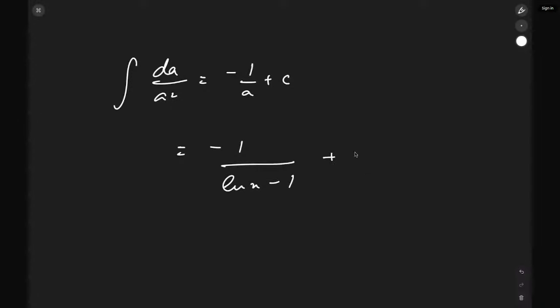So it will be integration dA upon A square. So it will be minus 1 upon A plus c. Alright. Now it will be minus 1 upon tan x minus 1 plus c. So 1 upon 1 minus tan x plus c. This will be the solution.